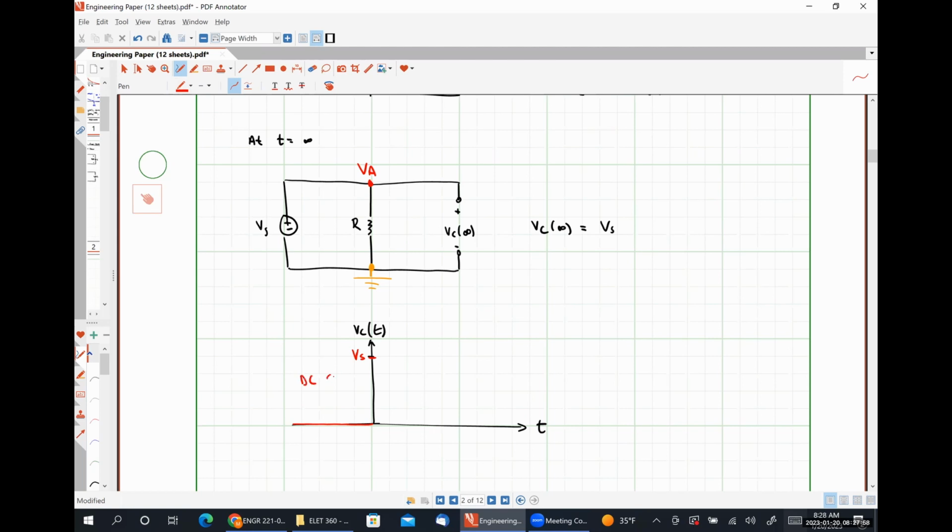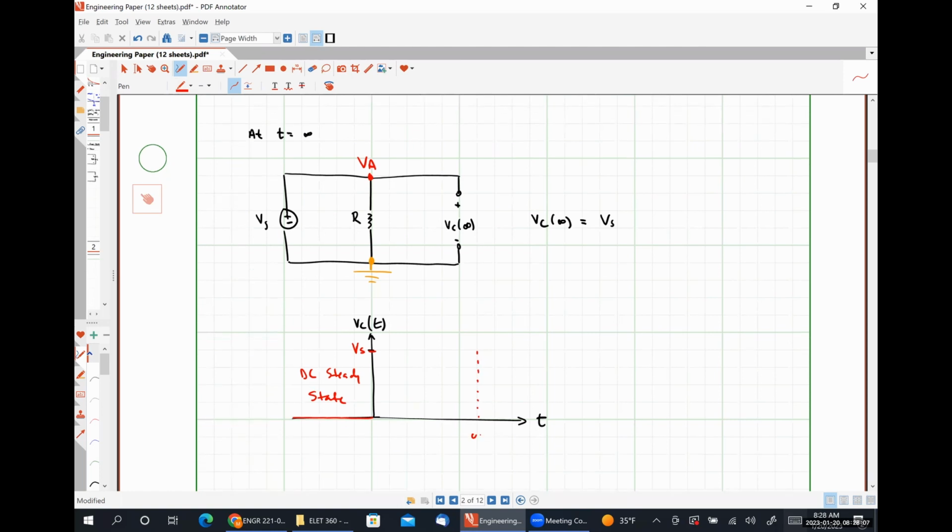So this is DC steady state. And then at t equal to infinity, we're at DC steady state again. But in this case, our voltage is now Vs. And our transient condition is what's occurring in the middle.